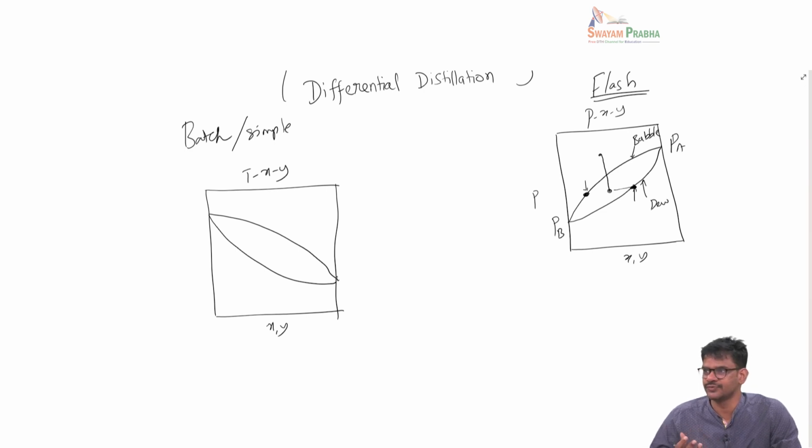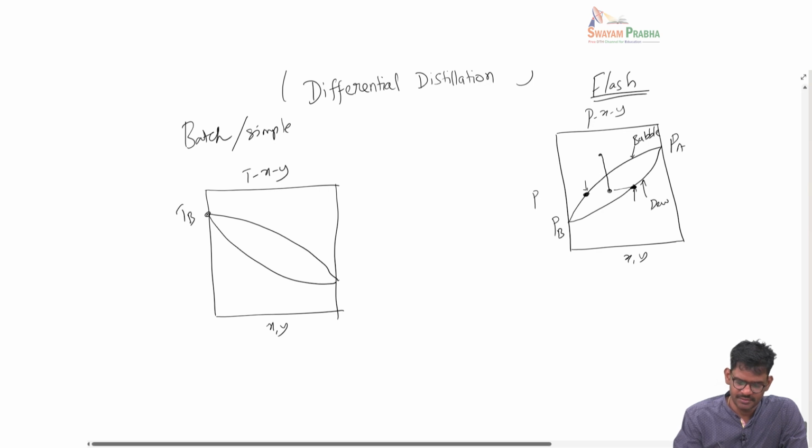We change the temperature to vaporize and condense, whereas in flash we work with the pressure. So this one corresponds to TB, the boiling point of species B. This is the boiling point of A.